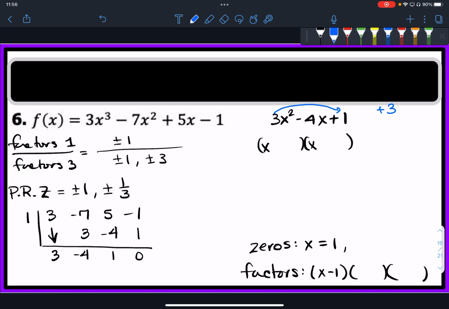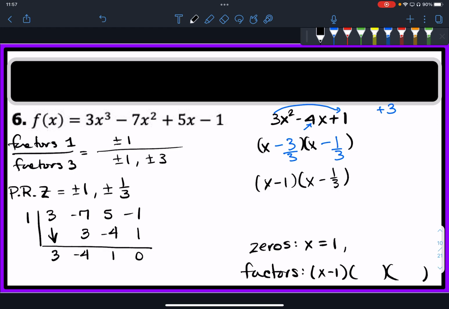The factors of positive 3 that add up to negative 4 are negative 3 and negative 1. Since we multiplied by 3, we have to undo that, so we're going to divide both of these by 3. 3 divided by 3 is 1, so x minus 1 is the first factor, and x minus 1/3, I'm going to leave as x minus 1/3.